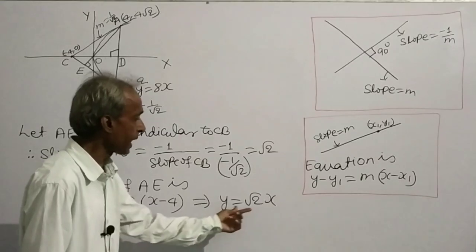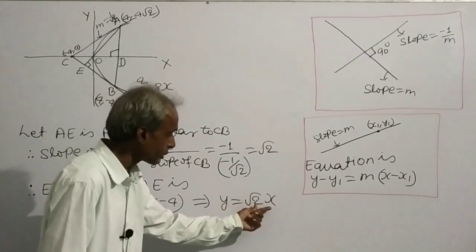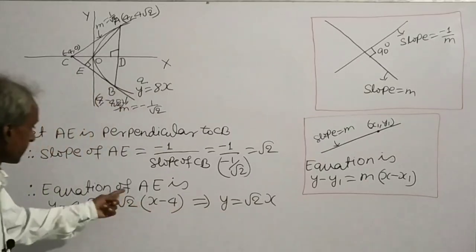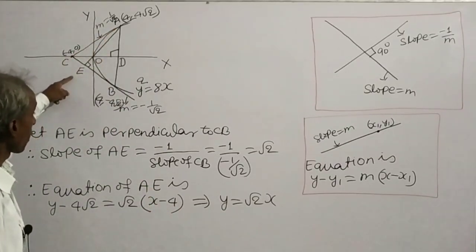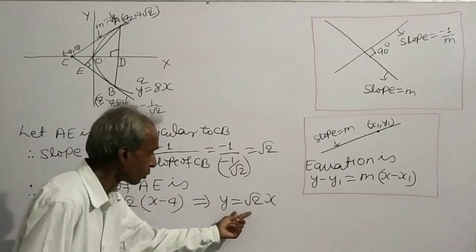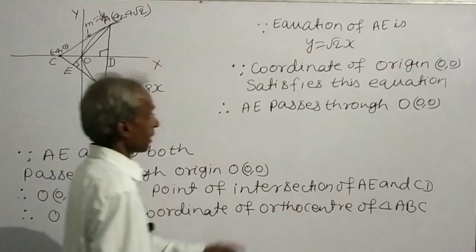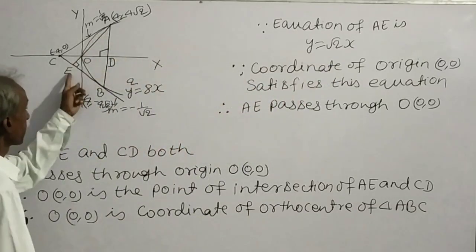This implies y is equal to √2x. y is equal to √2x is the equation of AE.